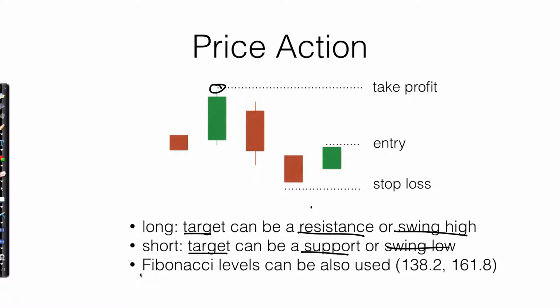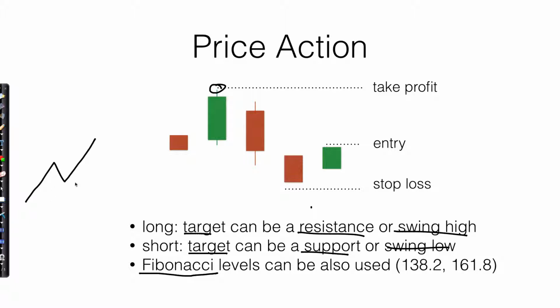Some people use Fibonacci as well. So I made a video about the Fibonacci retracement. That is a tool you can use to identify levels where the price can retrace. Meaning, suppose you have an uptrend and then you are here.